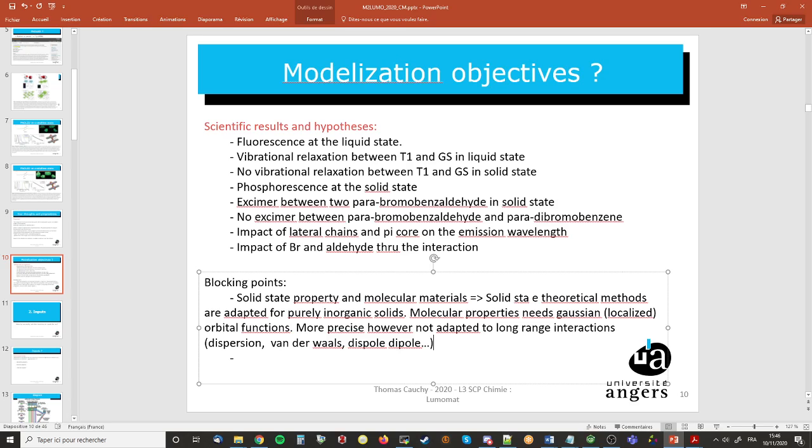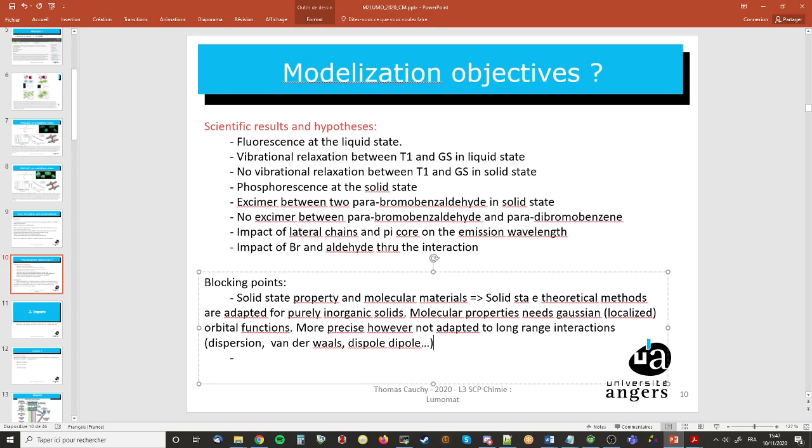So, for example, pi stacking is quite difficult with molecular quantum mechanics. You can add perturbation terms. That means you can add some terms in your basis set, but your method, in essence, is not fully adapted for this kind of problem. So here we have quite a huge blocking point.